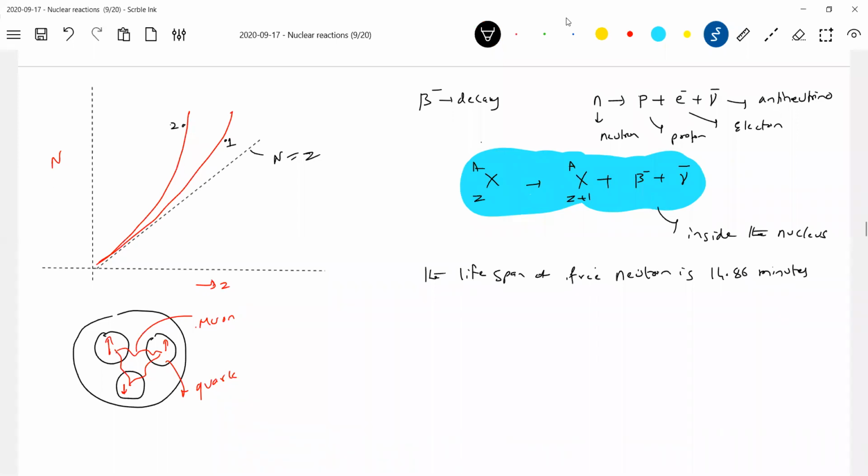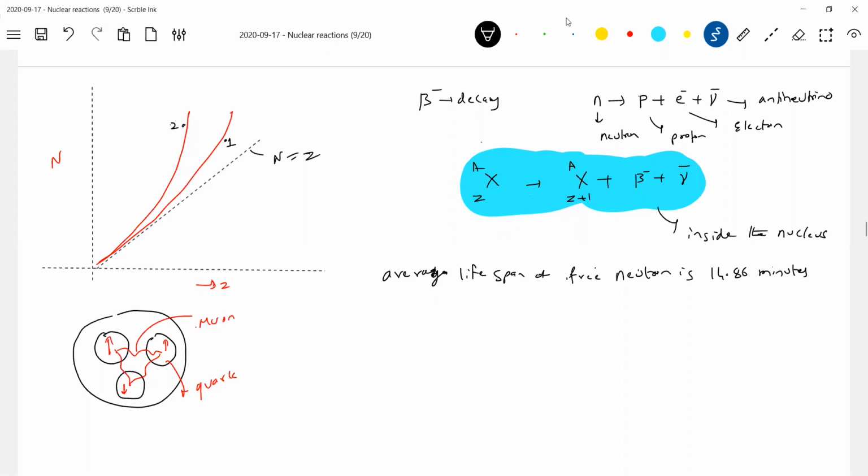Some books say 14.32, approximately. It's not stable. So what will happen? Because the mass of the neutron is greater than that of the proton, the neutron will become a proton, and an electron and anti-neutrino will be emitted.